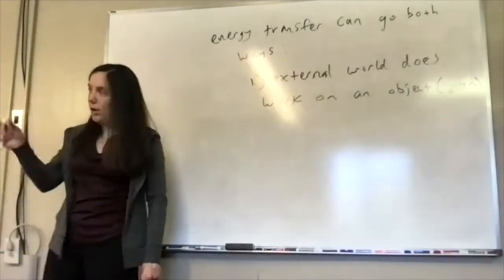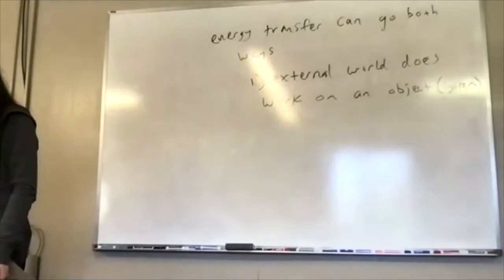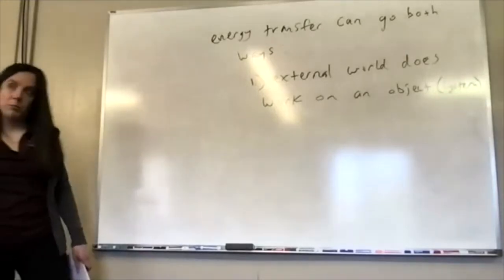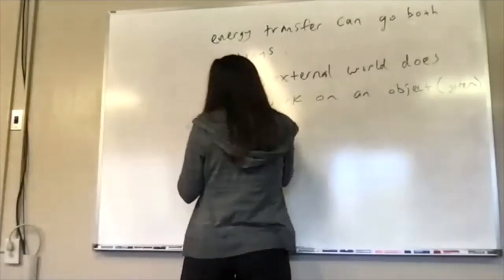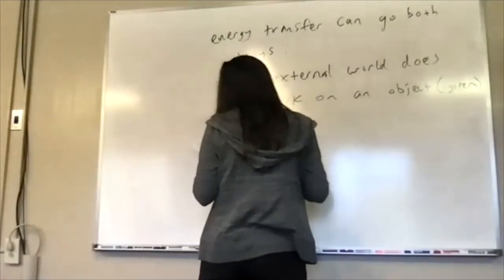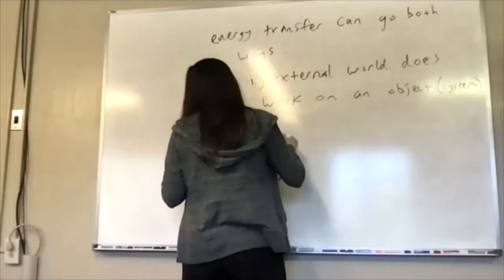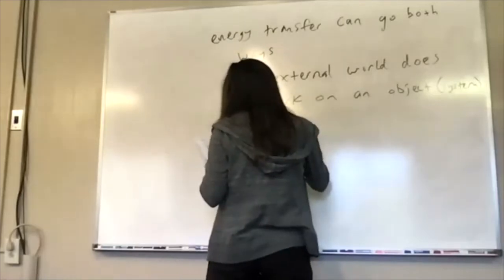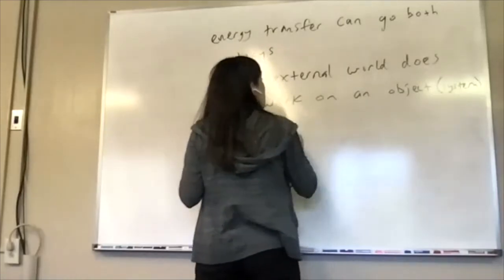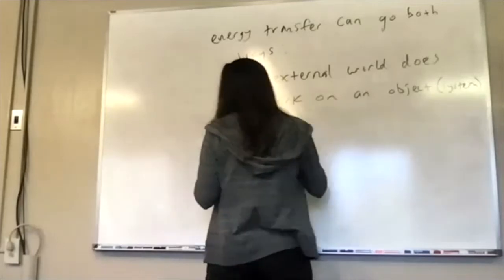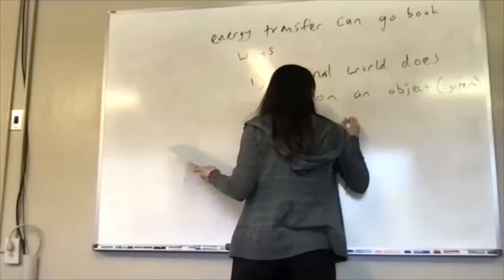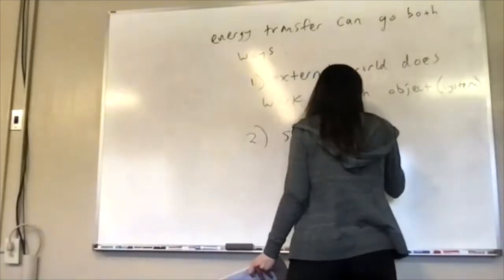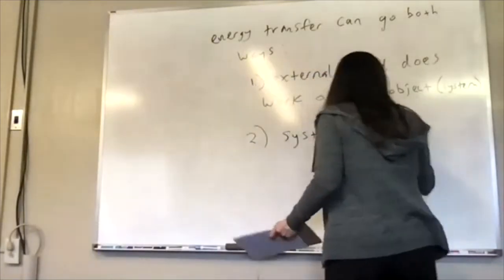Like we're looking at a hockey puck going on the rink. The hockey puck is the system. It's what we're looking at. But it can be the other way too, where the system, which is the object, can also do work on the surroundings.